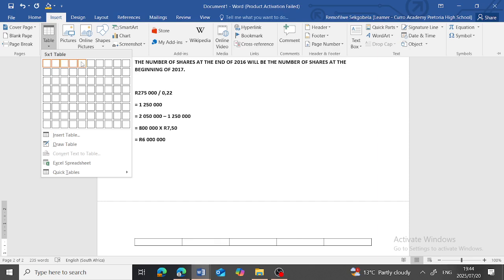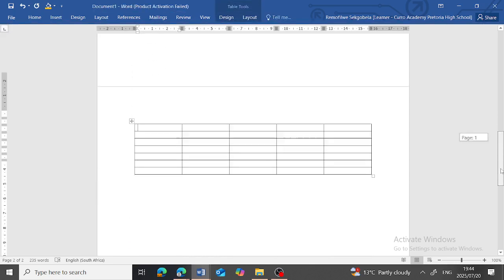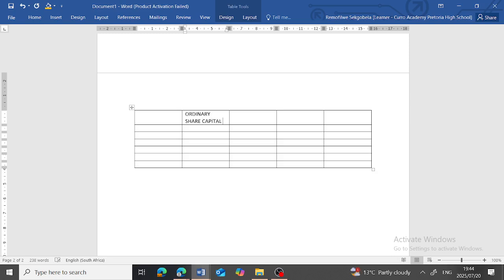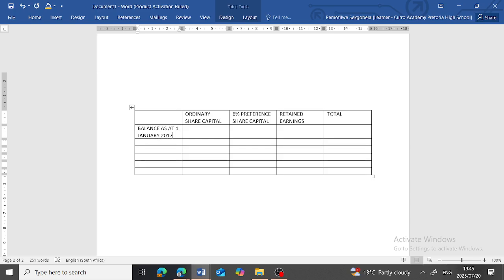And then going down, what must we have here? We're going to have our ordinary share capital, then 6% preference share capital, then retained earnings, then a totals column. And then we're going to have the balance as at 1 January 2017.